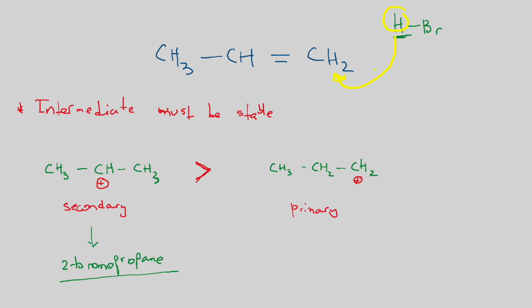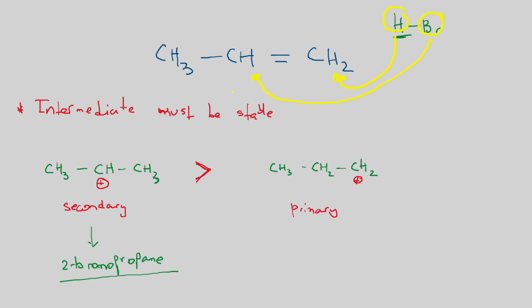So hydrogen goes to the side where I have more hydrogens. Here I have 2 hydrogens, here I have 1 hydrogen. And bromine consequently goes to the side where I have fewer hydrogens.